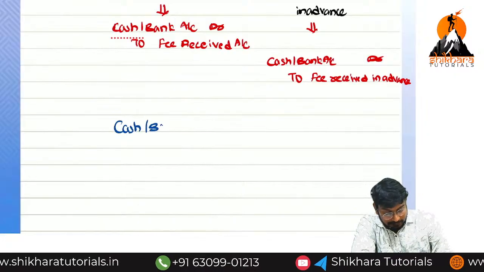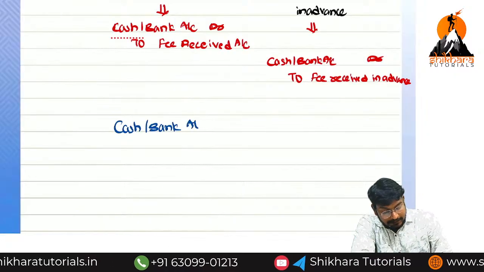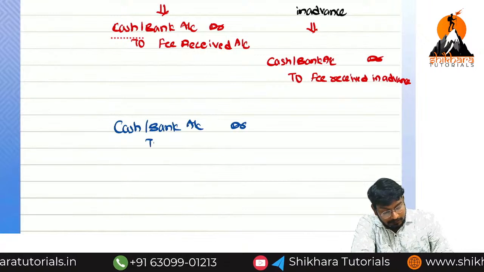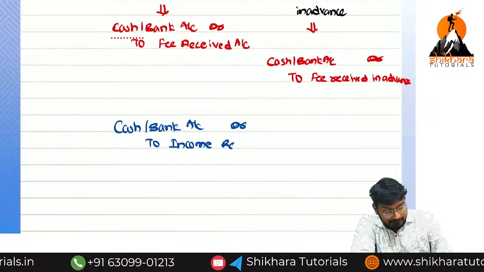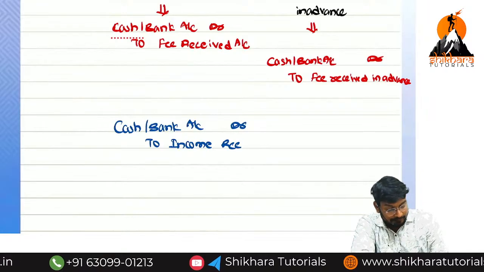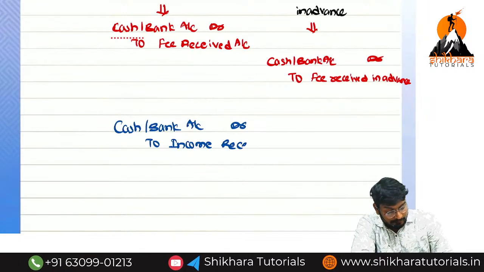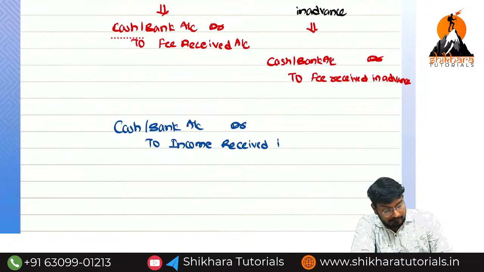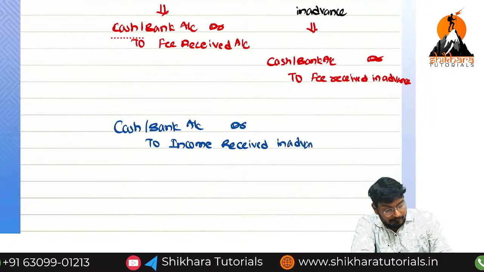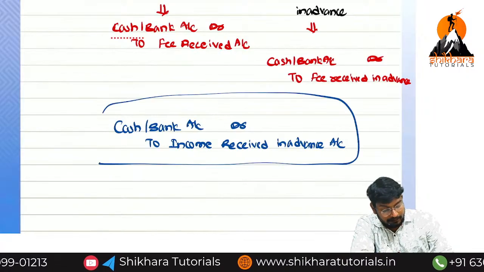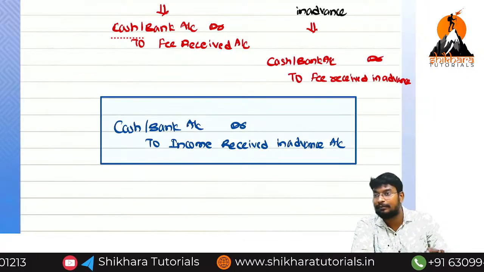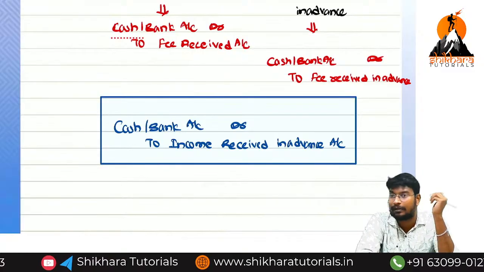Cash or bank account debited to income received in advance. This is the normal entry for income received in advance. Are you getting the point?